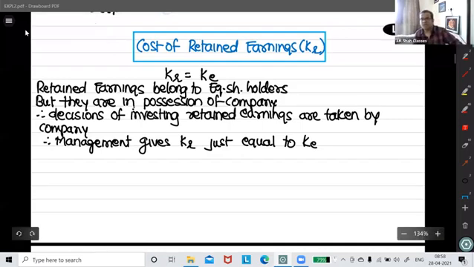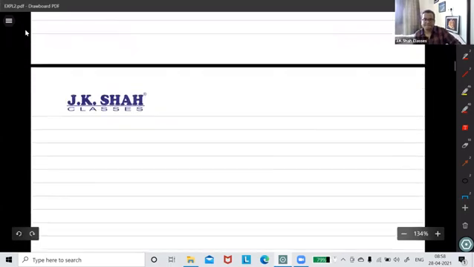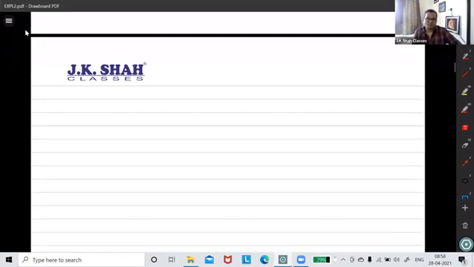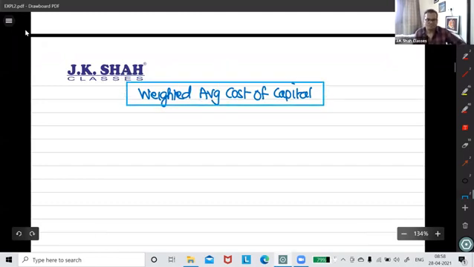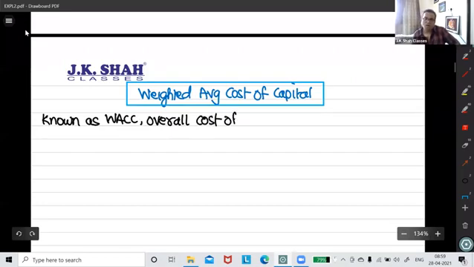Weighted average cost of capital, known as WACC, overall cost of capital, and KO.